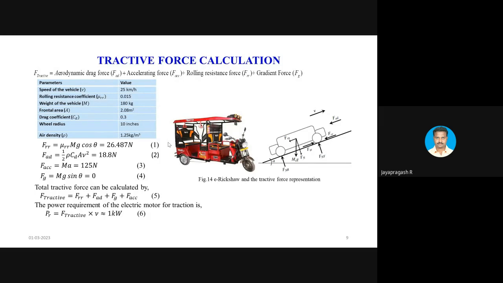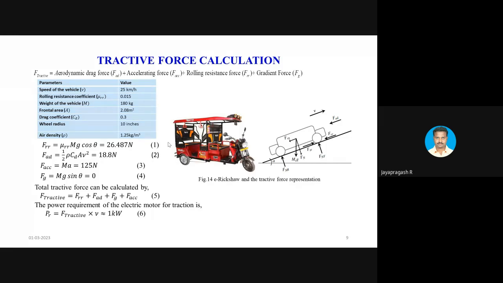We all know what tractive force is. Tractive force is the force required to overcome the resistance caused by friction. That's the same thing. In a conventional electrical machine, we use a term called sufficient torque. What is sufficient torque? It is the torque required to overcome the self friction and load friction.